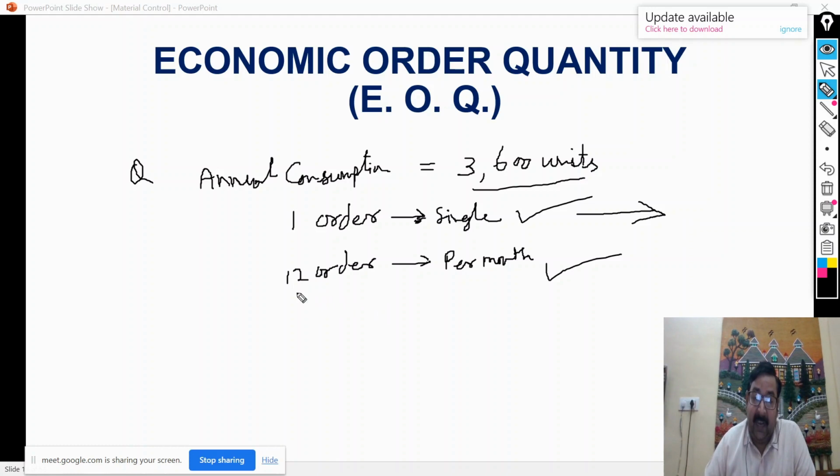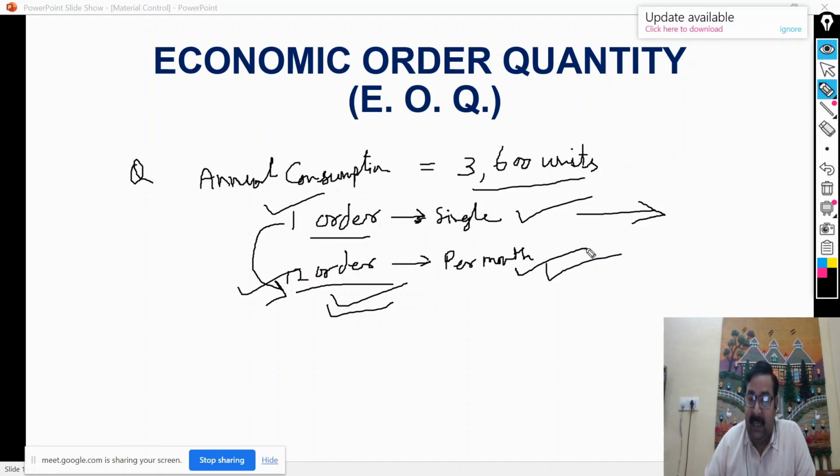But in the second case, if I place 12 orders in a year, then my ordering cost is multiplied by 12, and ordering cost also includes transportation cost. In the first case there is only one transportation cost, and in the second case 12 transportation costs for 12 orders.